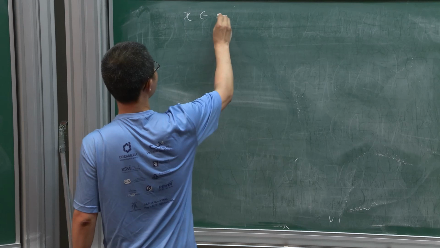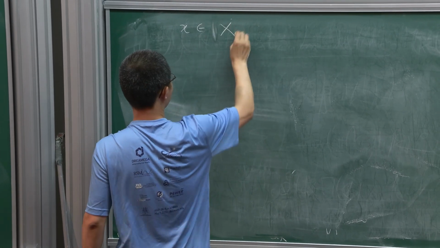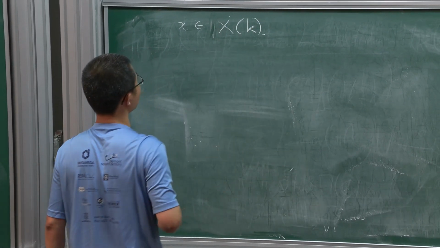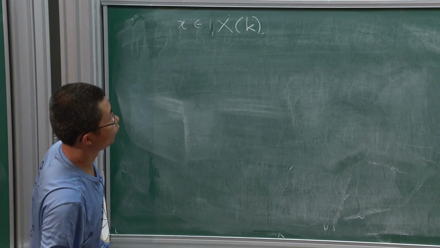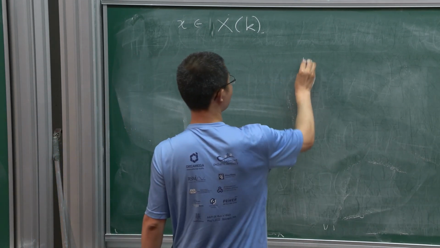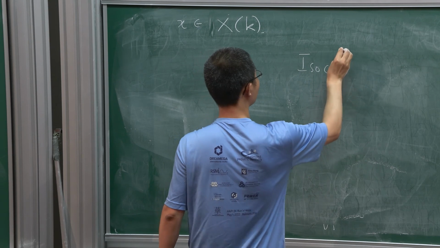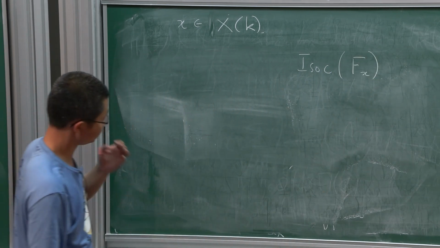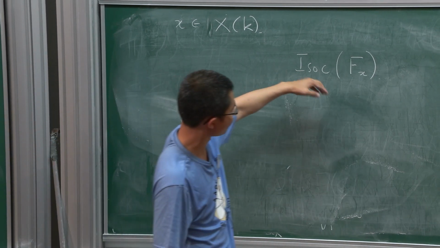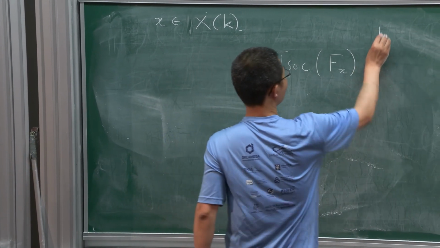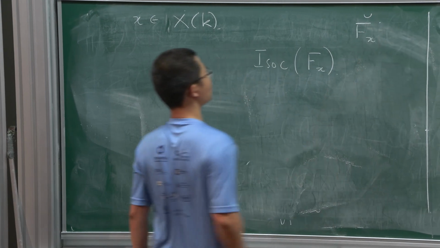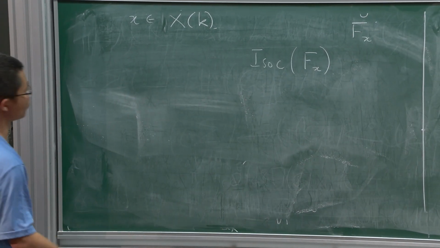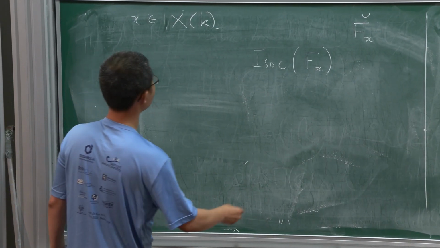Suppose x is, for simplicity, a k-rational point of X. Then we have the category of isocrystals over this local field. So again, these are vector spaces over this F_x breve, together with a Frobenius linear automorphism.